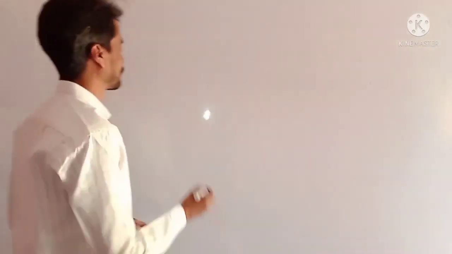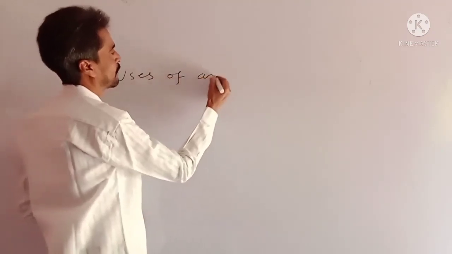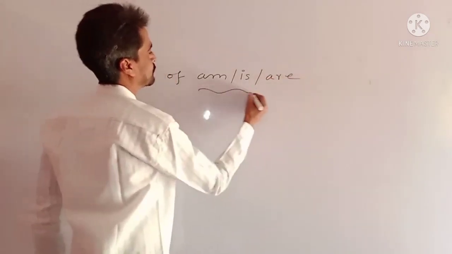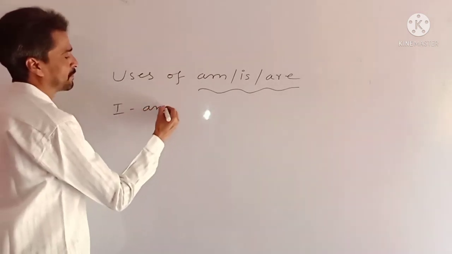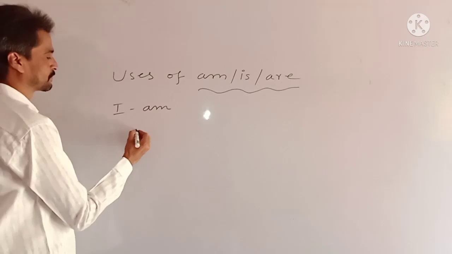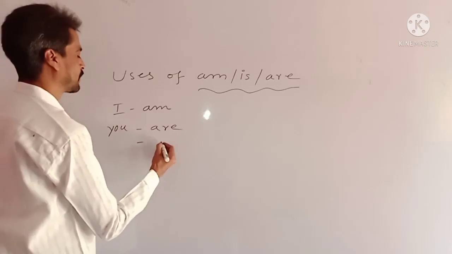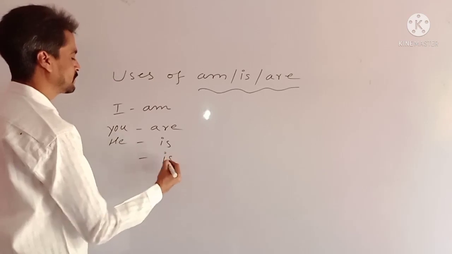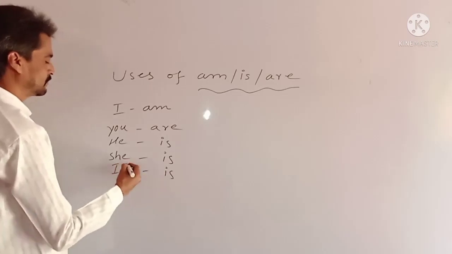Now uses of am, is and are. Am is used with I, are is used with you, is is used with he, is with she, is with it.